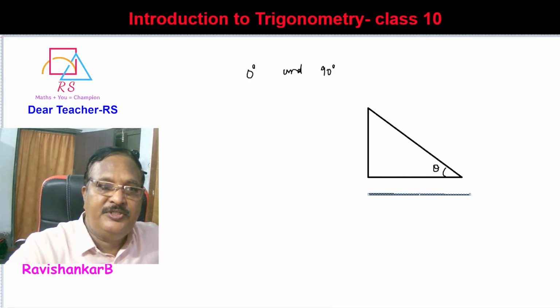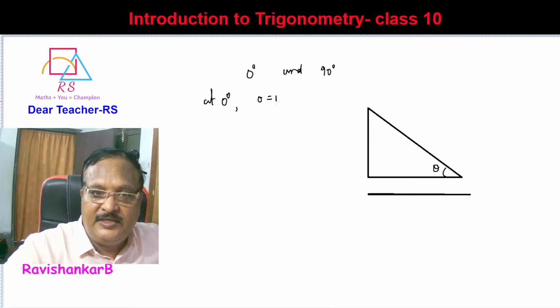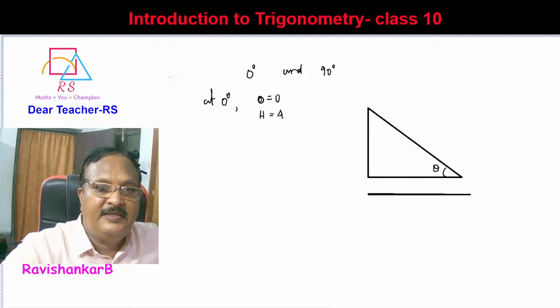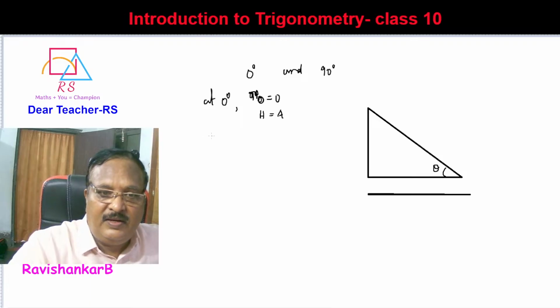So at 0 degrees, the opposite side becomes 0, and the hypotenuse and adjacent side will be equal.